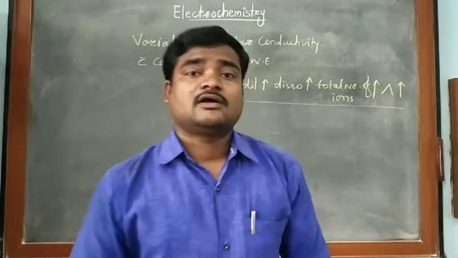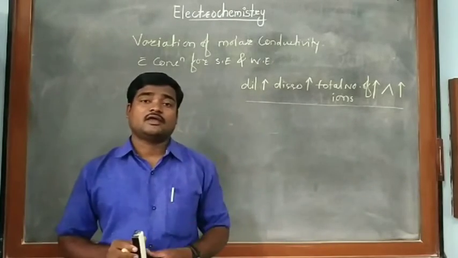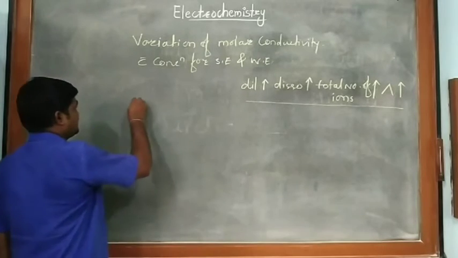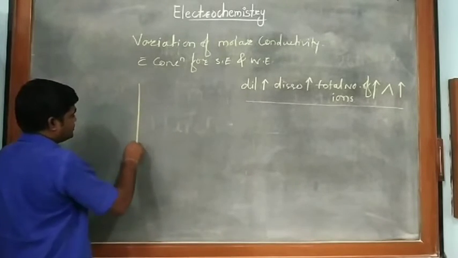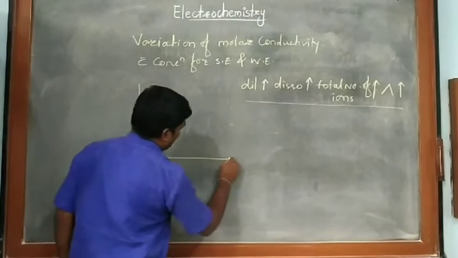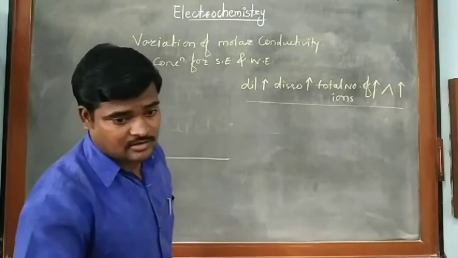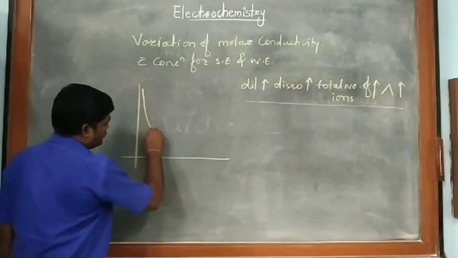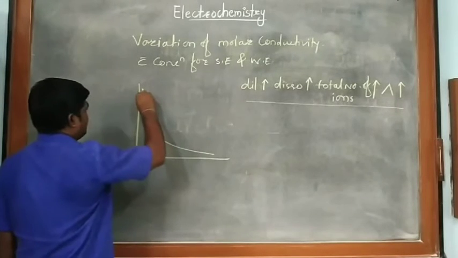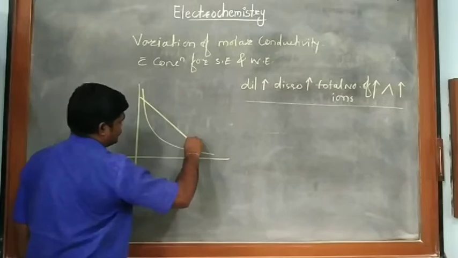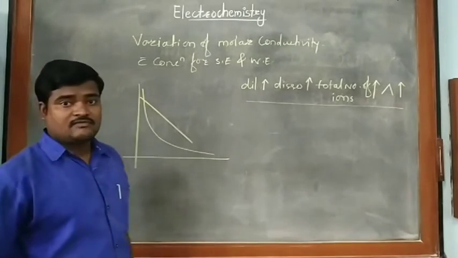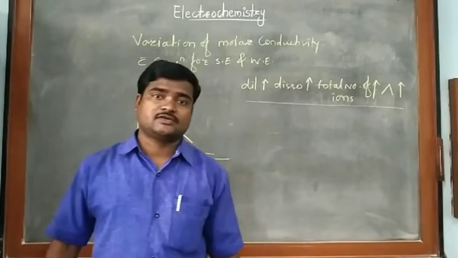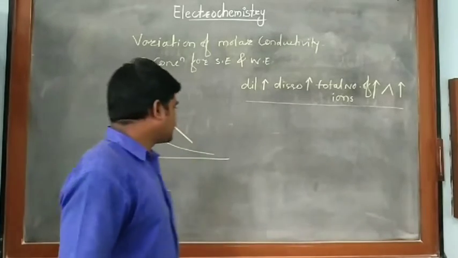Now after that students, we are going to draw a graph which tells us the effect of concentration on dilution. Now students, I am going to draw two graphs which show the effect of dilution on strong electrolyte as well as weak electrolyte.